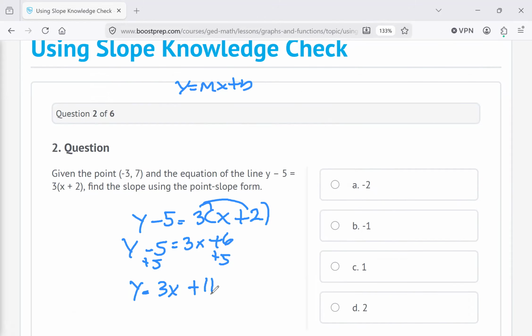Oh, I know. Okay. So it's this equation because this is the same thing as this. Remember this 11 is a b. It's a y-intercept, so that could be 0 comma 11.